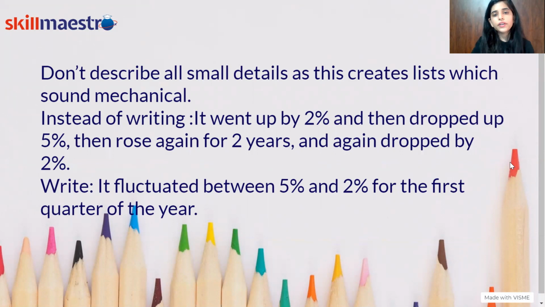Instead of writing it went up by 2% and then dropped by 5%, then rose again for 2 years and then dropped by 2%, you can simply mention it fluctuated between 5% and 2% for the first quarter of the year. Okay? It sounds much better.